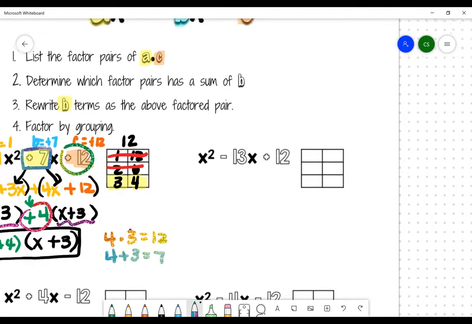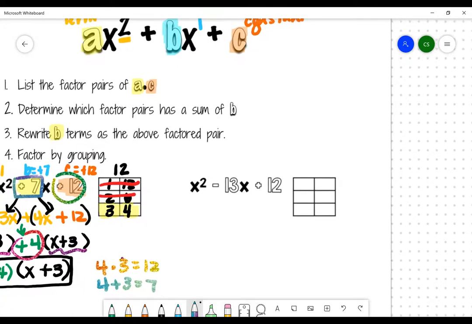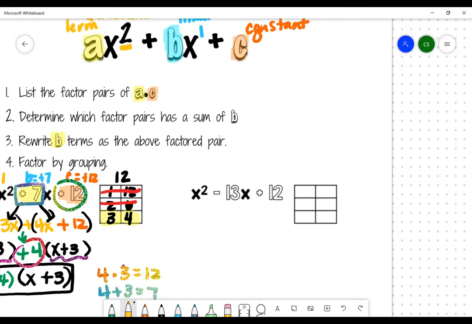All right, x squared minus 13x plus 12. My a term is 1 because there is no number in front of my quadratic term. My b term is a negative 13 because that is the number in front of x. And my constant is a positive 12. So if I multiply a times c, I get 12.